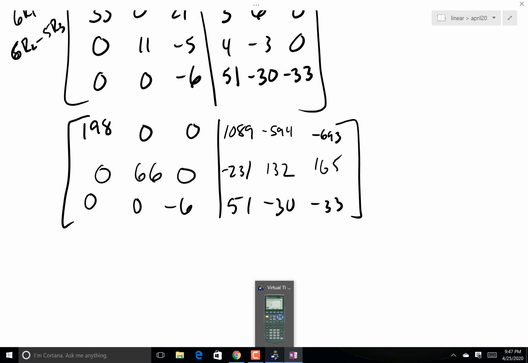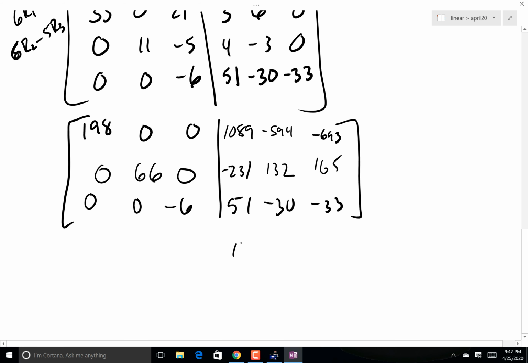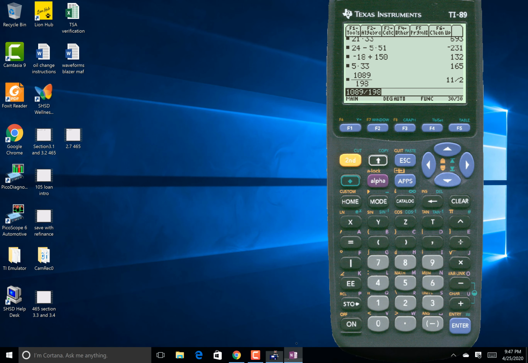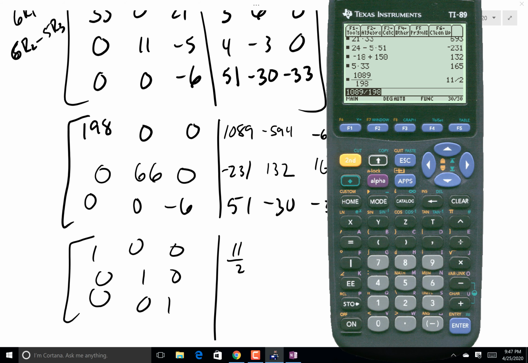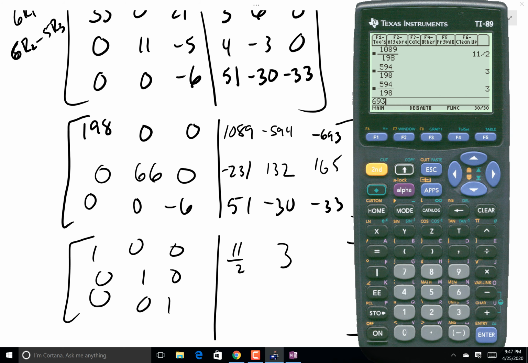So let's go ahead and divide. So 11 halves. 594, 3. Now, sometimes you're thinking, well, I thought you said it was going to always have the same denominator. Well, there's going to be common denominator issues sometimes where it's not going to be so obvious.